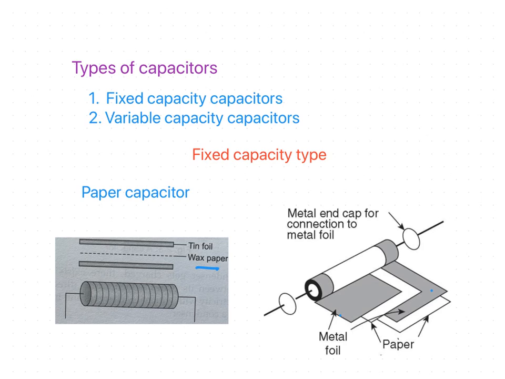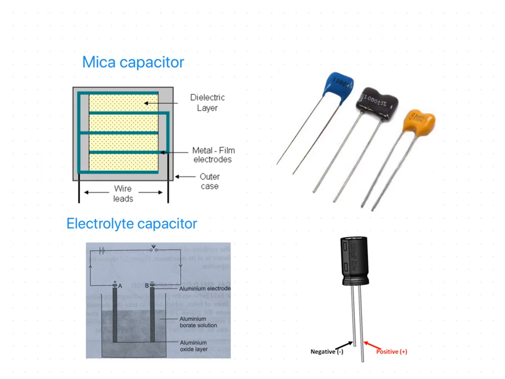Okay, and the next types of fixed capacitors are the mica capacitor and the electrolytic capacitor. Here you can see, in the mica capacitor, these are the metal plates.